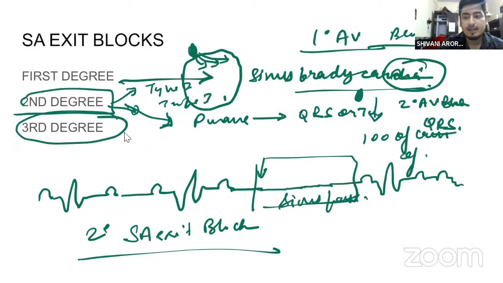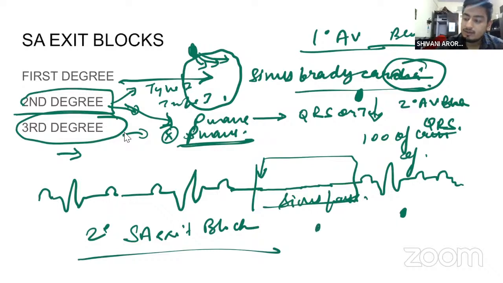And in third degree SA exit block, third degree AV block means that AV node is not allowing any impulse to pass through it. Similarly, in third degree SA exit block, SA node won't fire. Since SA node won't fire, there won't be any P wave. So since P wave is absent, anyone should take the work. Since SA node stops firing, any other conducting system should take up the work of the pacemaker of the heart.